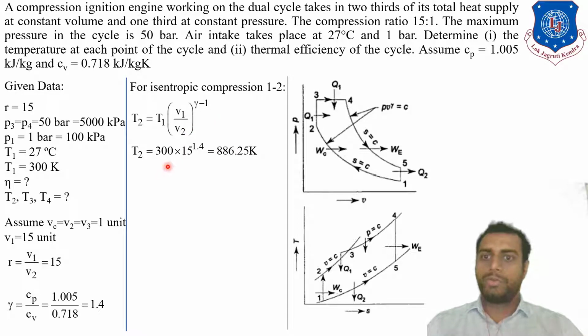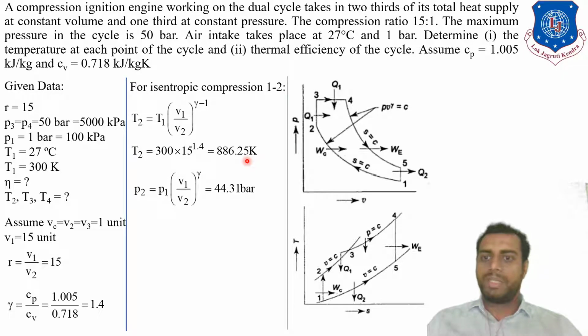Here you substitute the value of T1 and the compression ratio, and you get T2, the temperature at the end of the isentropic compression process, that is 886.25 Kelvin. You can note down the value, so it will be helpful in further calculation.